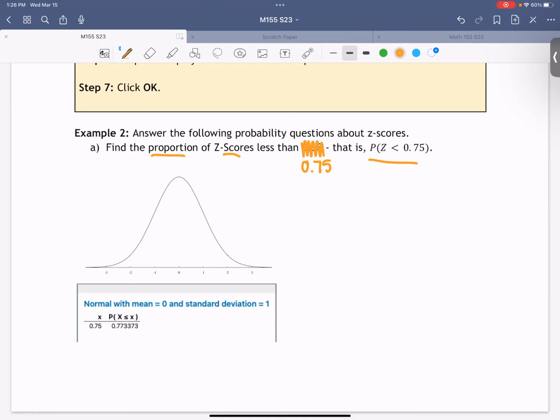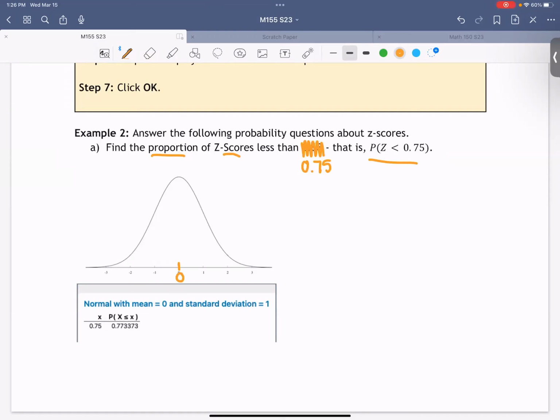Before I even go about doing this, I love drawing pictures. I'm a very visual person. I don't like doing questions without looking at what I'm actually doing. So I have a normal distribution here, and since we're dealing with a z-score, I'm going to put in a mean of 0 and a standard deviation of 1, because remember, z-scores follow that standard normal distribution.